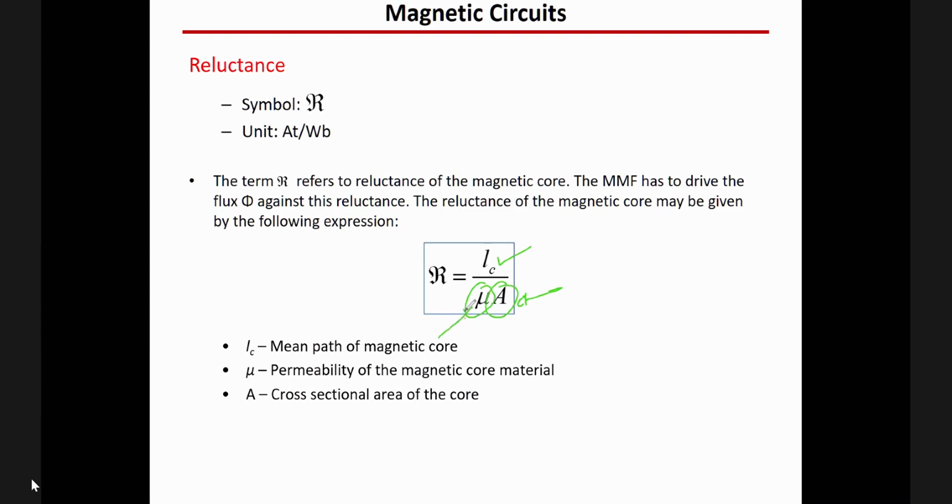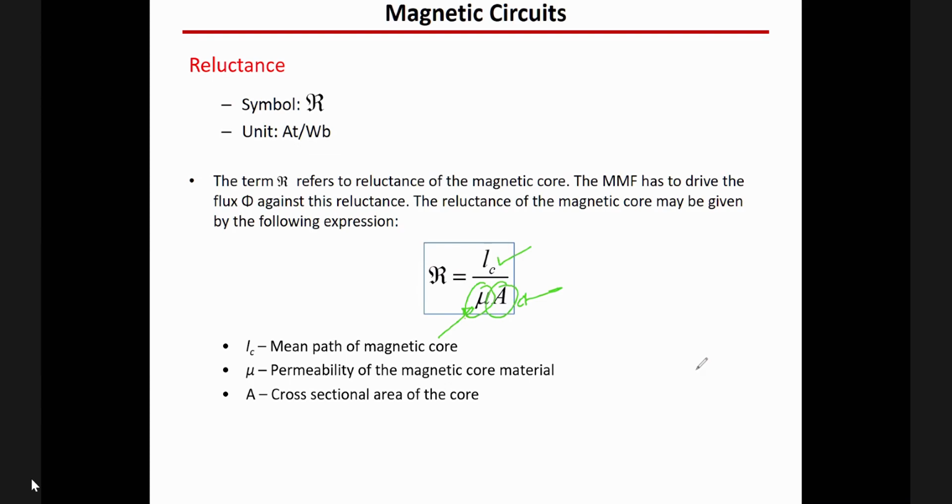Mu, which is called the permeability, is a property of a material. So material X has a mu different from material Y. Okay? So if you put together the cross-sectional area, the length, and mu, you basically get the reluctance. So three factors affect the reluctance of the magnetic core: the length of the magnetic core, the cross-sectional area, and also the permeability mu.